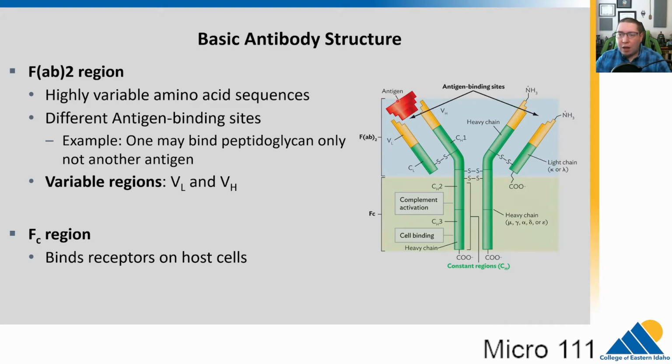So these antigen-binding regions are different for each different type of antibody that recognizes each different antigen. So there could be thousands of different antibodies in your bloodstream right now, each of them having different variable regions that recognize different antigens.